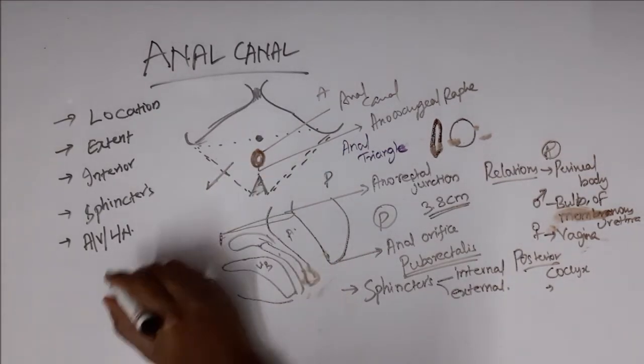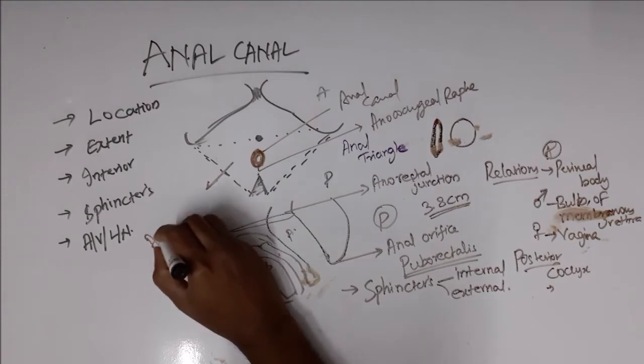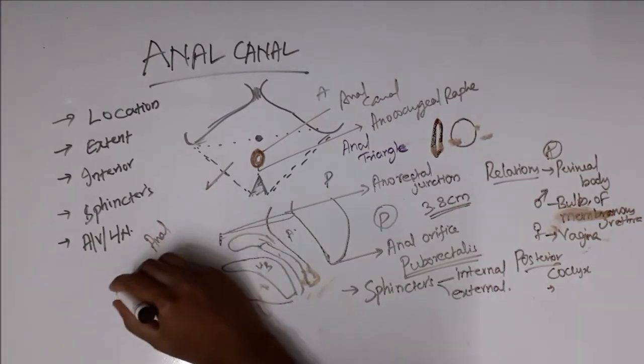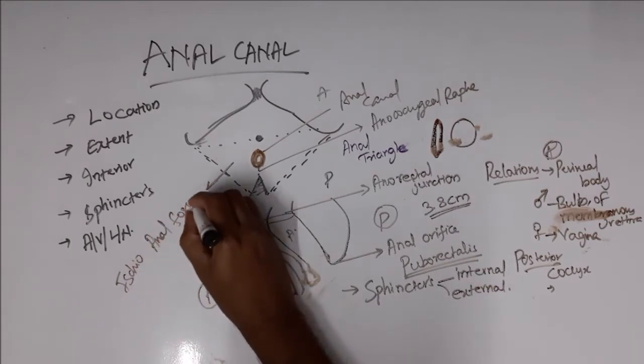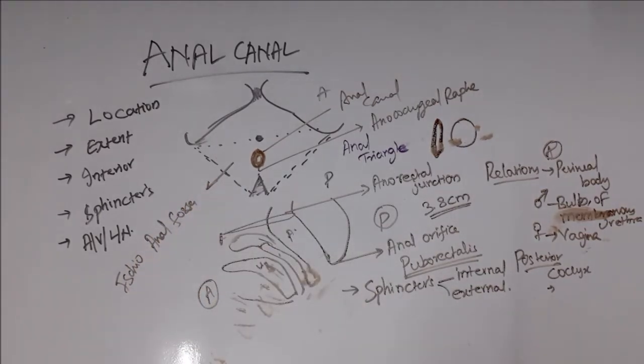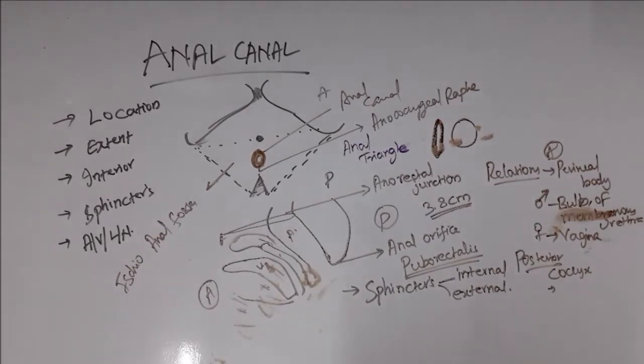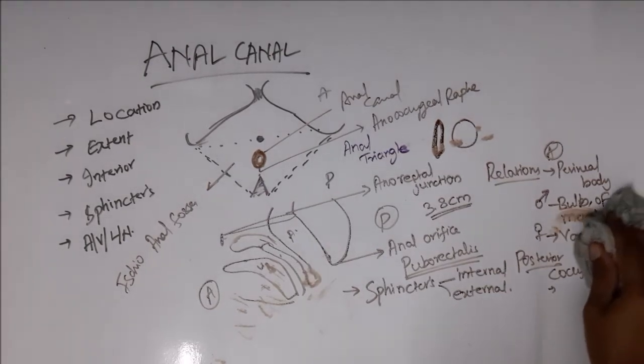On either side of the anal canal there is a space called the ischioanal fossa. What is present in this ischioanal fossa? It has a pad of fat, which helps in dilatation of the anal canal during defecation.